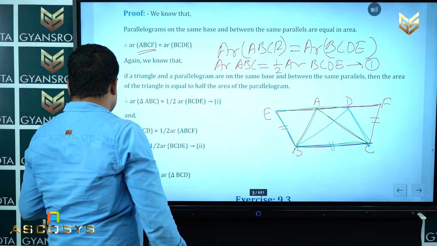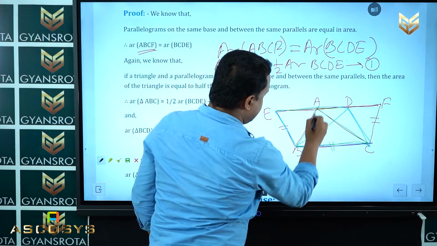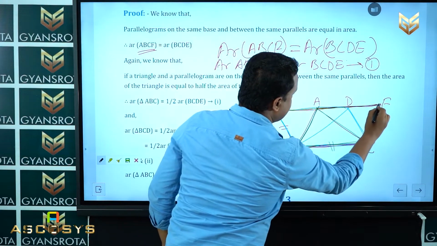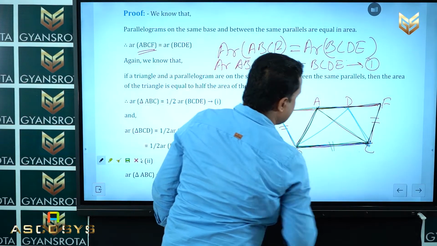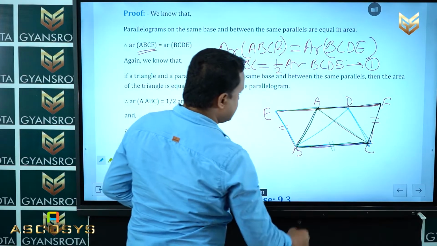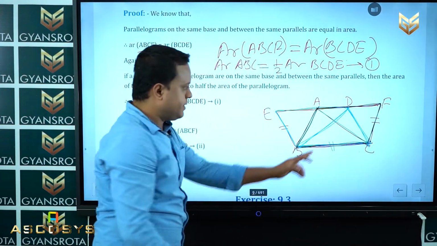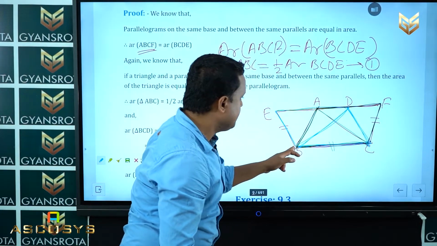Similarly, in this parallelogram ABCF, we have this triangle DBC.